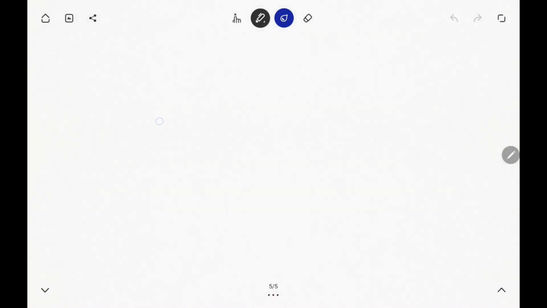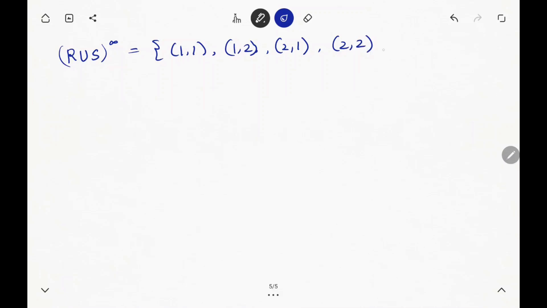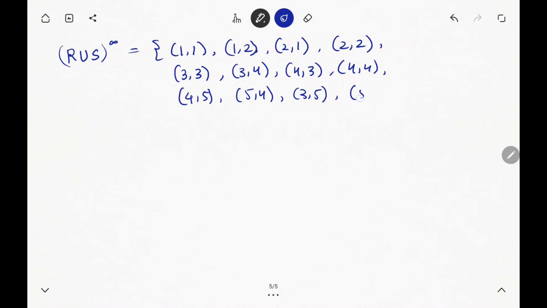Equivalence class of 1 consists of 1 and 2. Equivalence class of 2 consists of again 1 and 2. Equivalence classes of 3, 4 and 5 contain 3, 4 and 5. So therefore you can say that the compartments are 1, 2 and 3, 4, 5. So the partition is 1, 2 in one compartment and 3, 4, 5 in the other compartment.